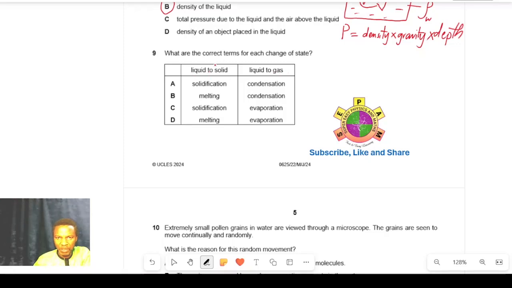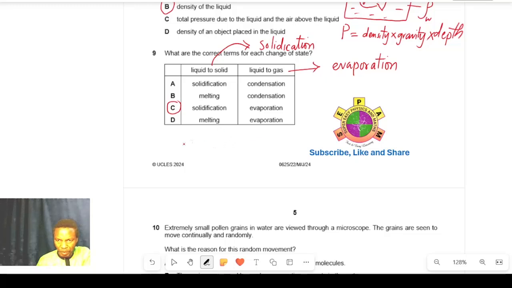From liquid to solid, this is solidification. And from liquid to gas, that is evaporation. So solidification, evaporation, that is C.